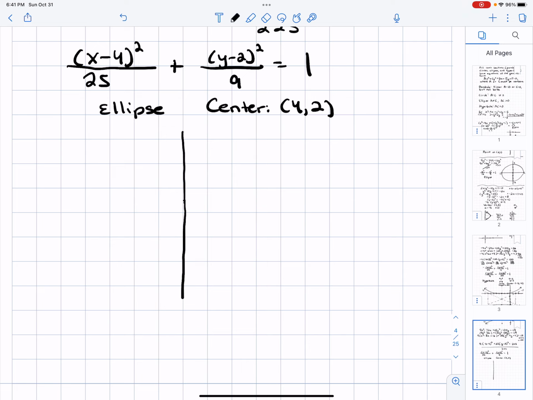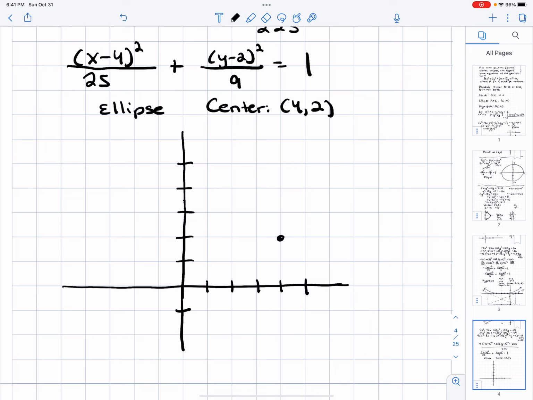Why not? I got enough space. All right, so I plotted 4 comma 2 for my center.